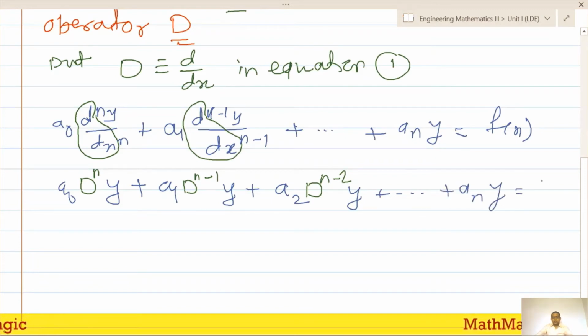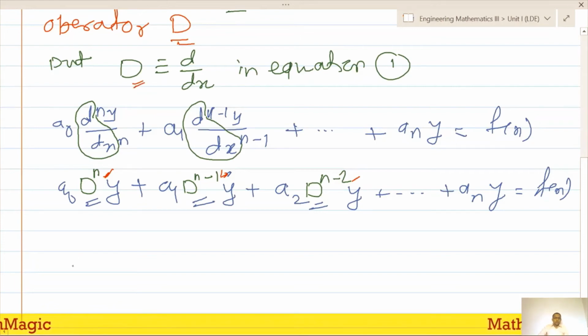This is equal to fx. Got it? We have replaced d by dx with D, and we also keep their powers. Okay, so n is here, also n is here, n minus 1, n minus 2, n minus 3, and so on. We just keep their powers, and we replace only d by dx with the capital D.